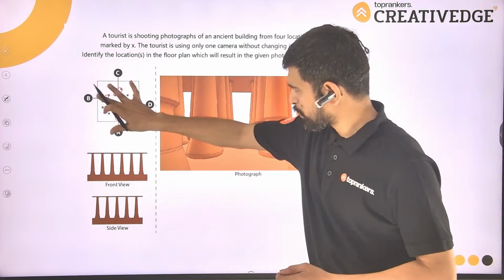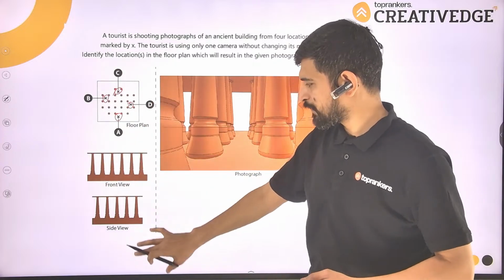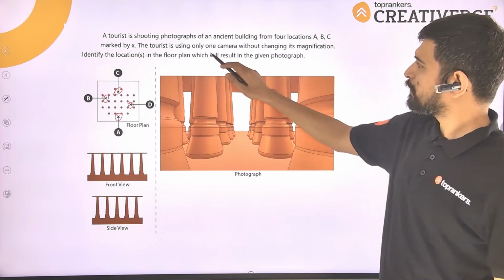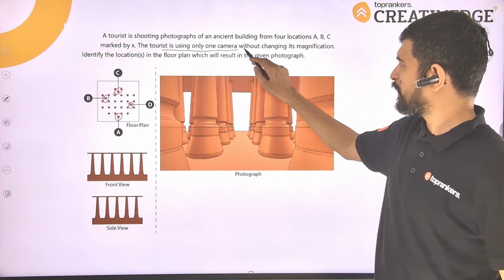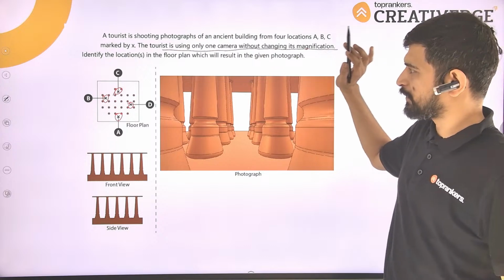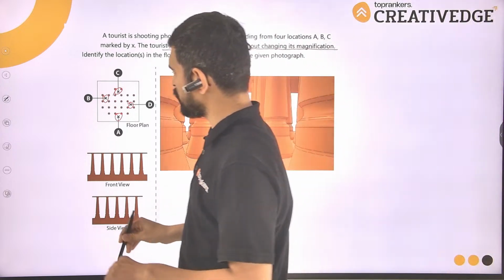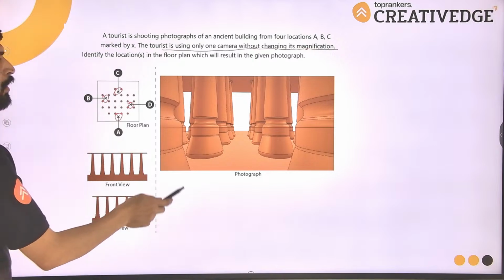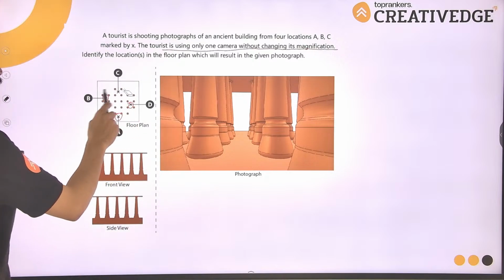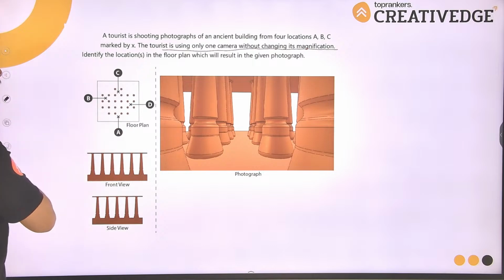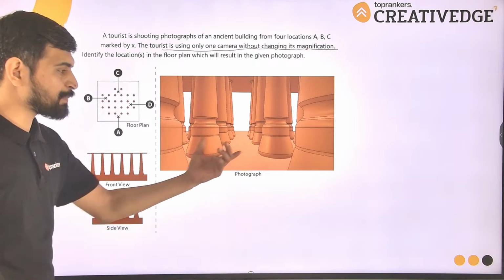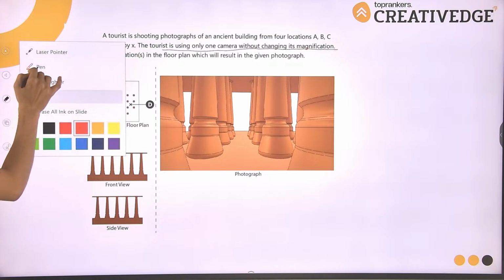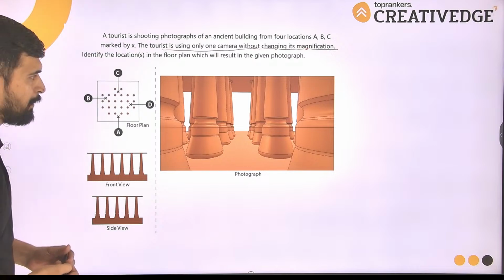Fine. फ्लोर का प्लान कुछ इस तरह से दिख रहा है. फ्रंट व्यू ये है, साइड व्यू ये है and the tourist is using only one camera without changing its magnification. So we have to find out what could be the possible places from where this particular photograph can be taken. So we just have to observe things carefully here.